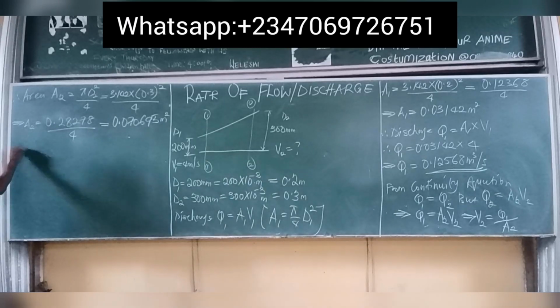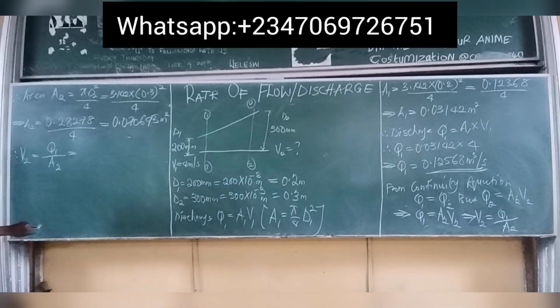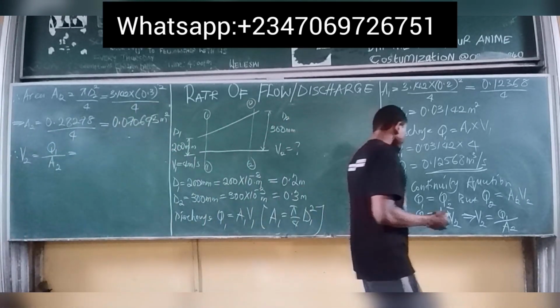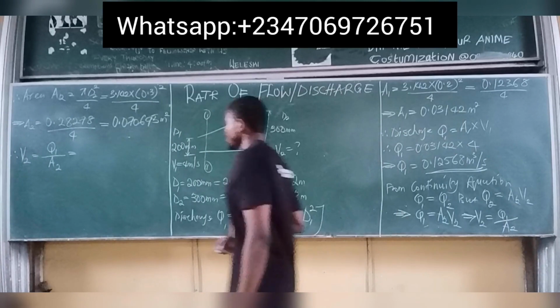Therefore, velocity at section 2 is equal to discharge at section 1 all over area at section 2. Discharge at section 1 gave us 0.12568.